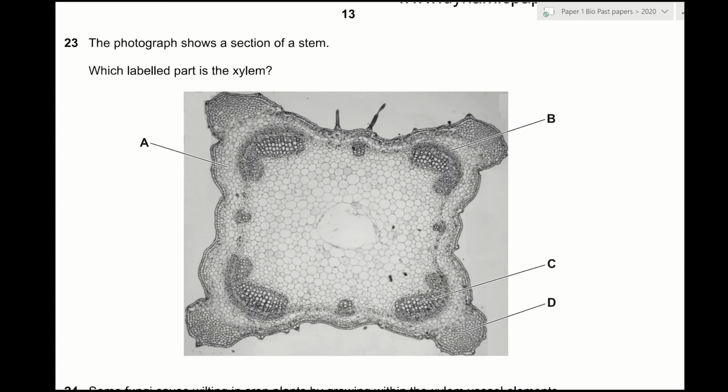23. The photograph shows a section of a stem. Which labeled part is the xylem? Let's start by labeling the full thing. Let's start with A. Here we can clearly see parenchyma or packing tissue in these spaces, so let's just write parenchyma.